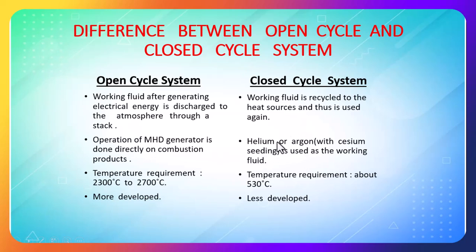So we are heating this fluid, and it is brought inside your MHD. The reason we use these is that they are easily converted into an ionized state at a lower temperature. When you take normal air, it requires 2700 degrees to become ionized. When you constantly heat air, it will become a conductor at 2700 degrees, whereas helium or argon get ionized at just 530 degrees.